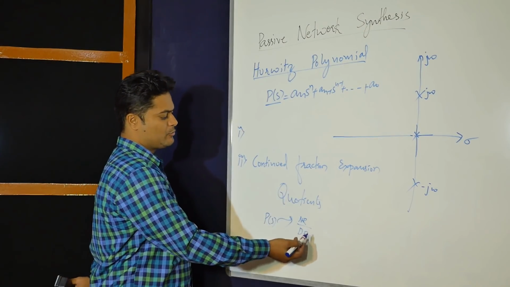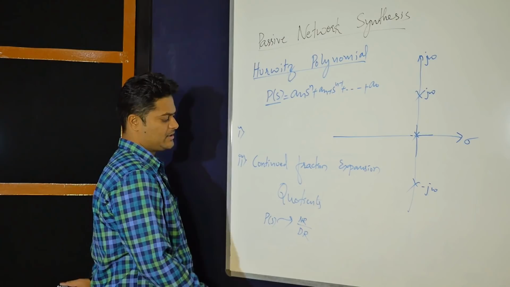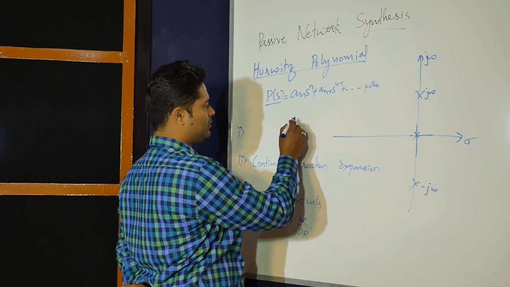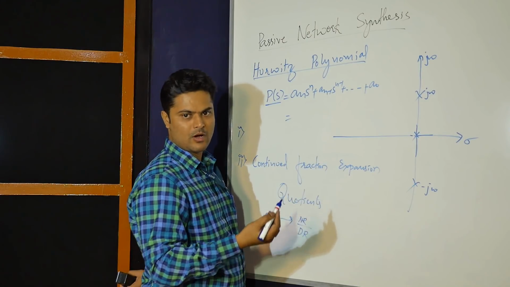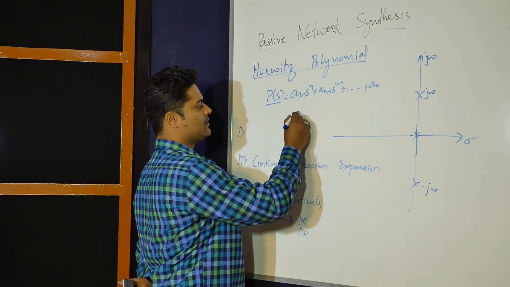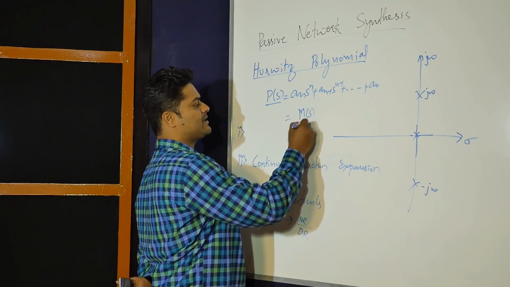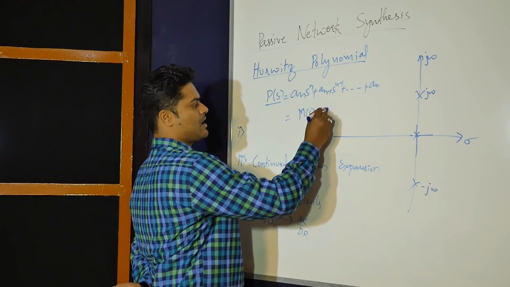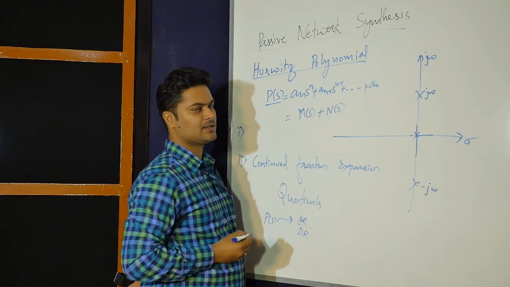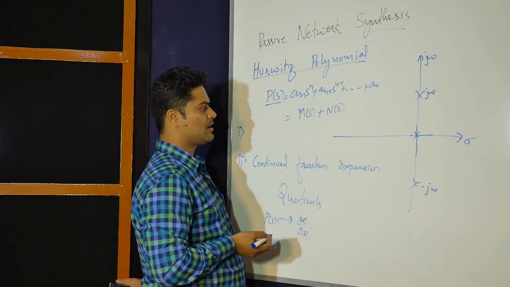How we can have a numerator function divided by a denominator function is, we just separate all the even polynomials and all the odd polynomials into two parts. M of S representing the even polynomials and N of S representing the odd polynomials. How?